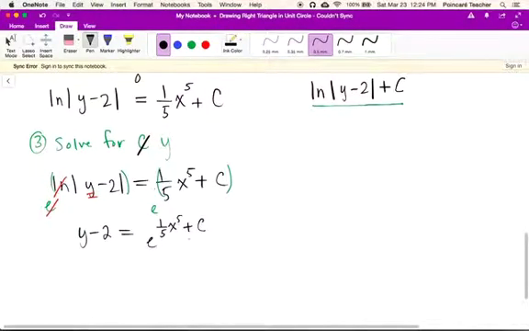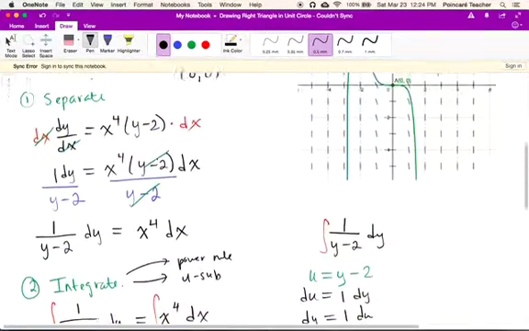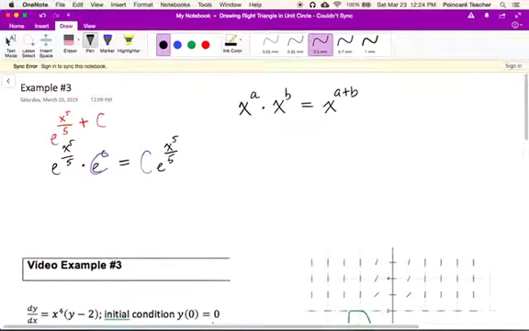Alright, so this should look familiar. This is something that I wrote up in the beginning of the video right here. So we found that if we rewrite this, we'll get it to be c e to the x to the fifth over 5.